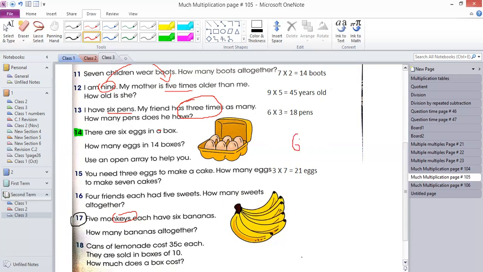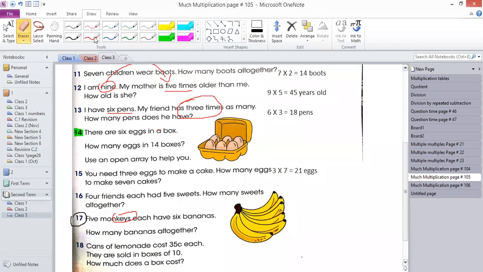Again, guys, you know what times means? So you will find out 3 times 6. 3 times 6 will be 6 1 6, 6 2 12, and 6 3 18. So the answer is 18.